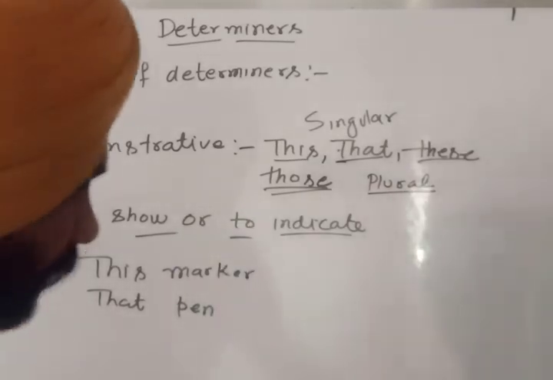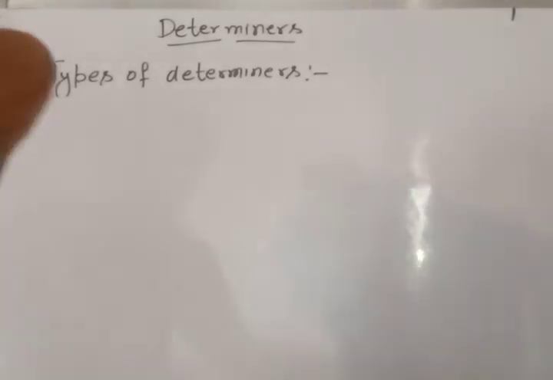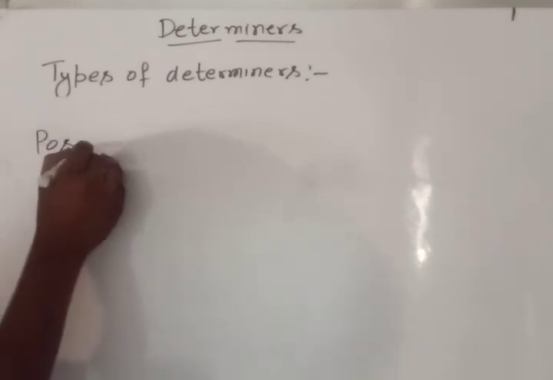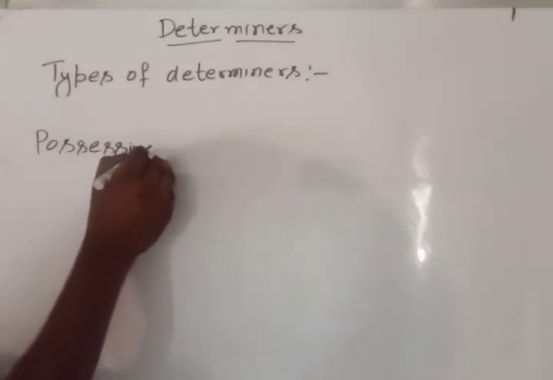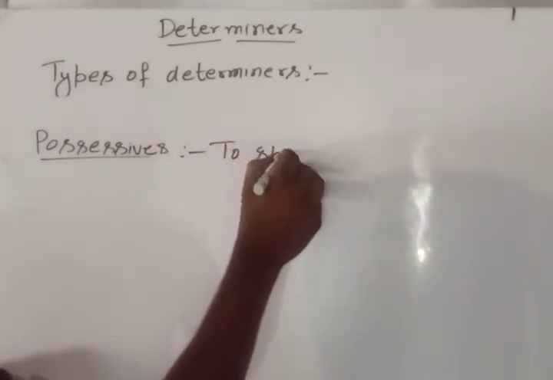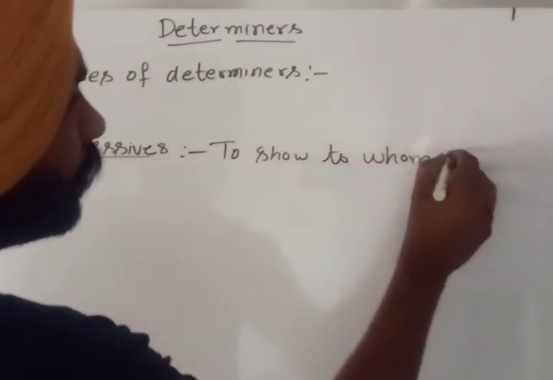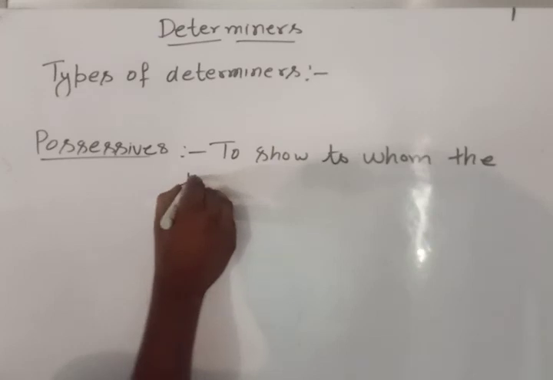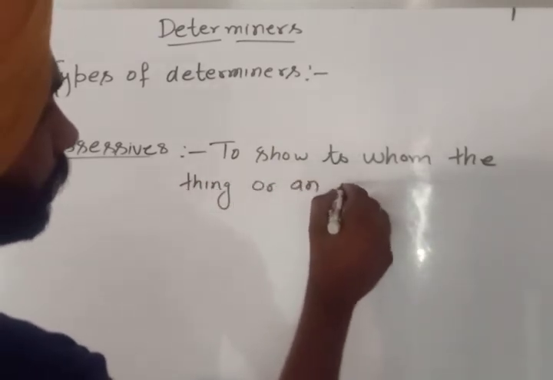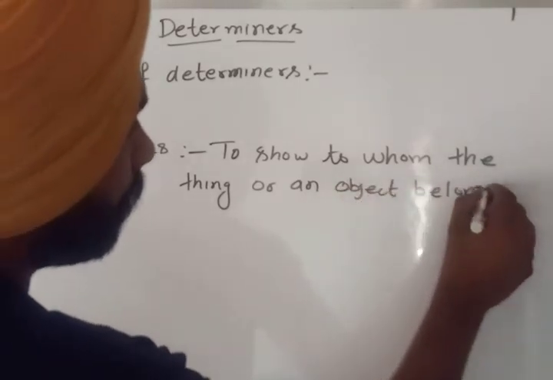Okay, so this is the variation. Okay, the next one is possessives. Possessives show to whom a thing or an object belongs.